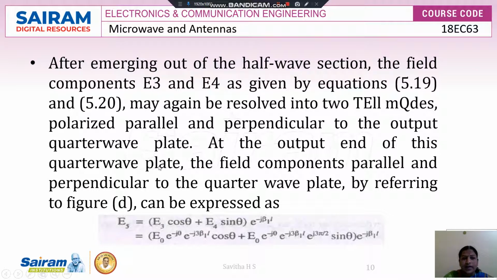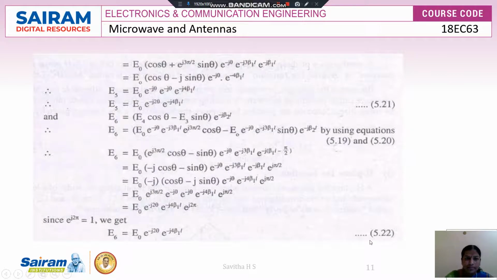So at the output end of this quarter wave plate, the field components parallel and perpendicular to the quarter wave plate, by referring to the figure, can be expressed as E5 is equal to E 0 e to the power of minus j theta e to the power of minus j 3 beta 1 L cos theta plus E 0 e to the power of minus j theta e to the power of minus j 3 beta 1 L e to the power of j 3 pi by 2 sin theta e to the power of minus j beta 1 L. So again we need to find out the value of E5, E6.